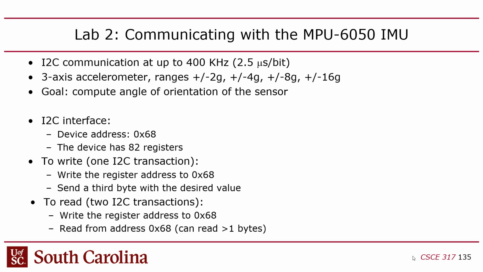Then you close out the transaction. Then you do a second transaction, which can either be a read or a write, that allows you to dump data into that register or pull data out of that register. But in the second transaction, the address is also 68. Does that make sense?